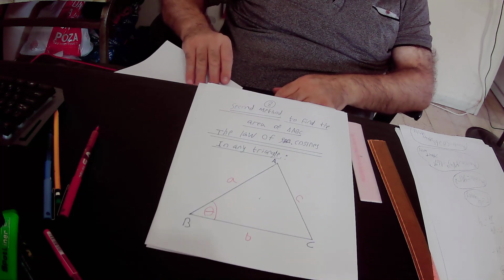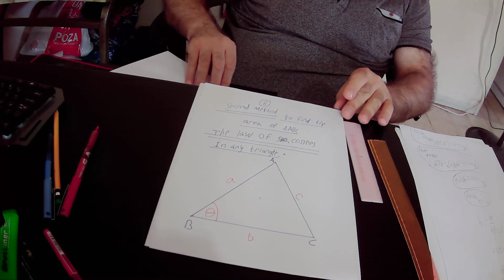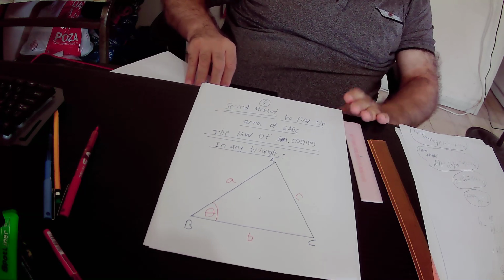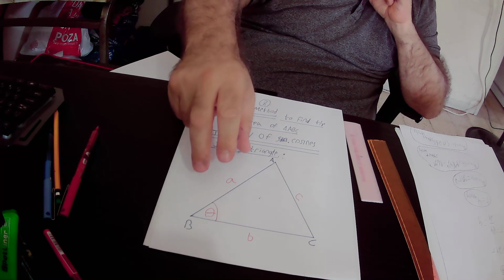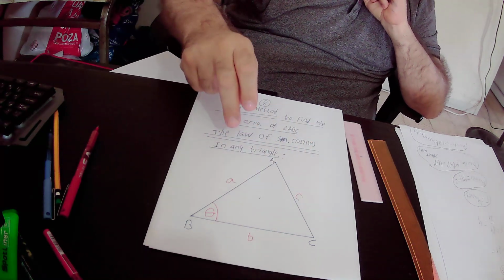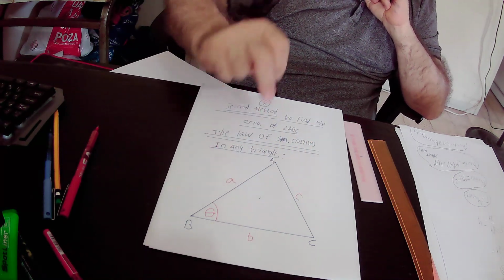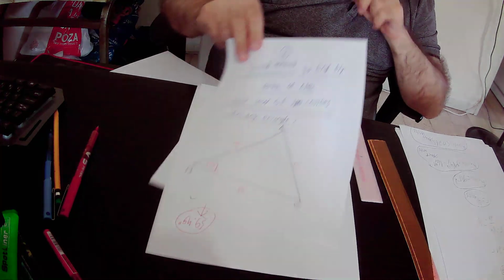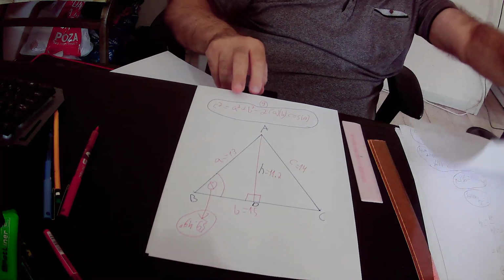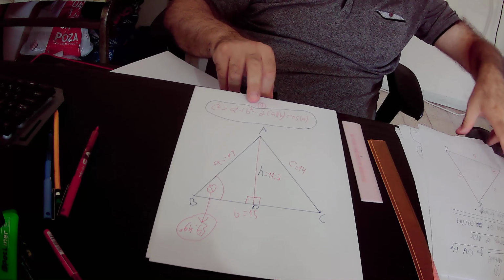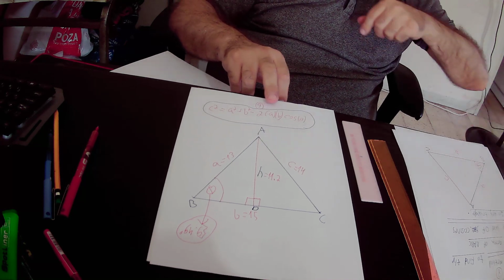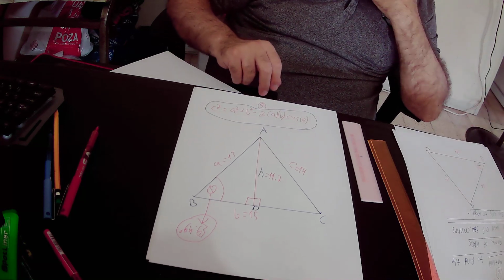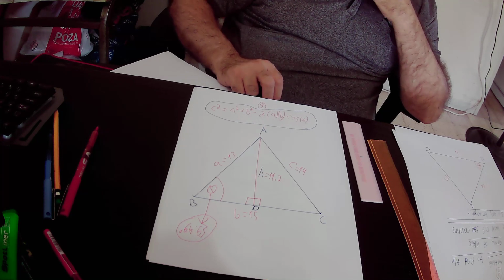The law of cosine states that in any triangle, c squared equals a squared plus b squared minus 2 times ab times cosine theta. Again, c squared equals a squared plus b squared minus 2 times ab times cosine theta.